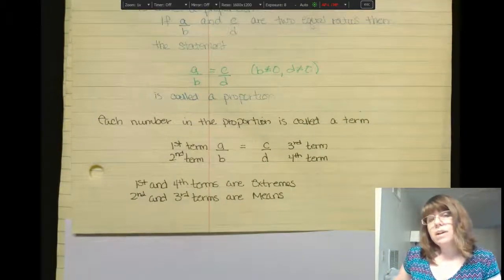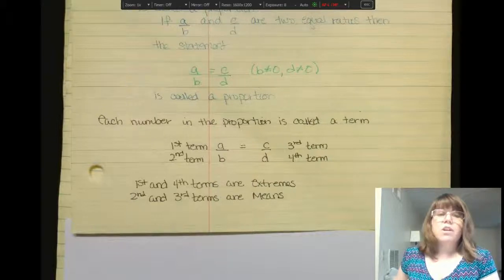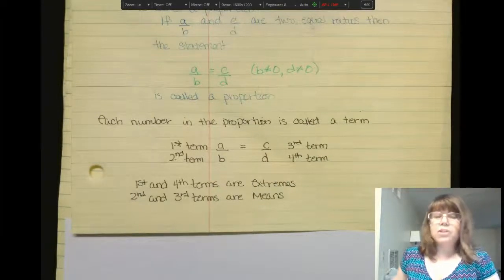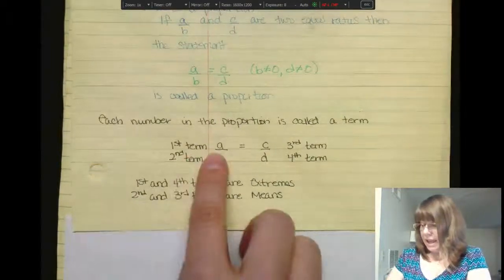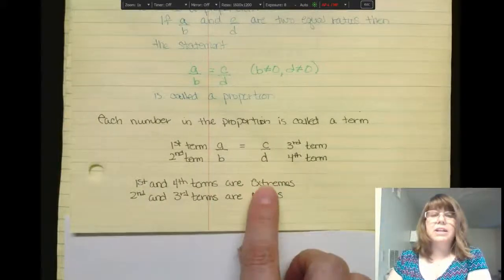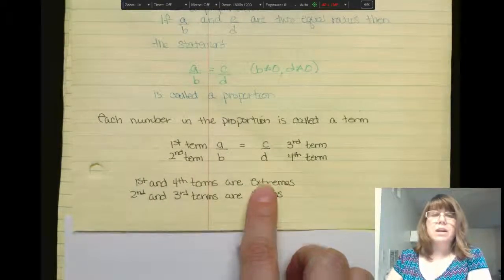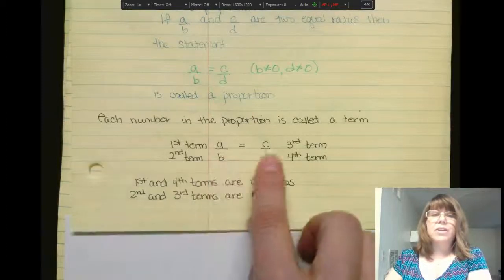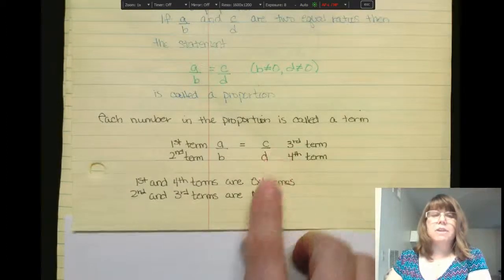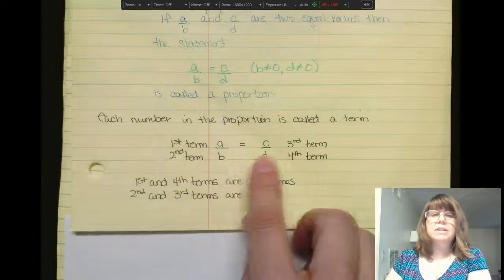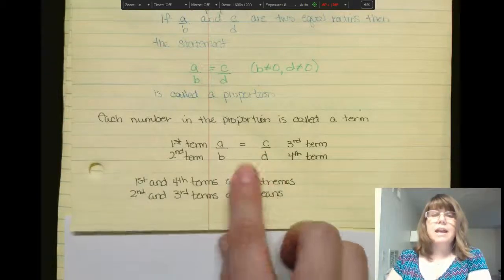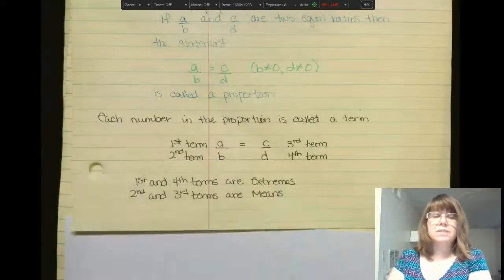And one more thing that we need to know about terms: the first and the fourth terms, so A and D, are called the extremes. The second and the third terms are called the means. So B and C are called the means, A and D are called the extremes.